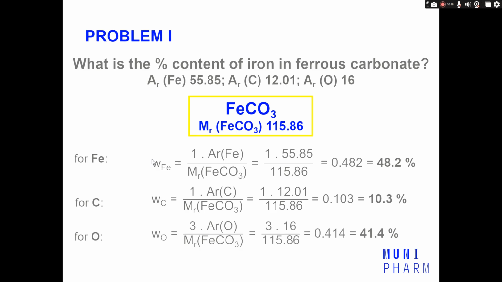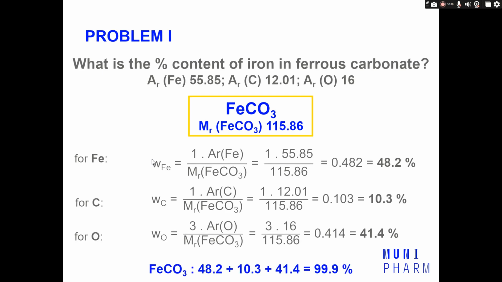For oxygen, we have a coefficient 3, so we will multiply the atomic relative mass of oxygen 3 times and then divide by the molecular relative mass of ferrous carbonate. We'll get the mass fraction 0.414, which is converted to a percentage, 41.4%.